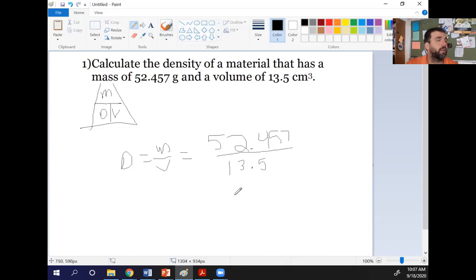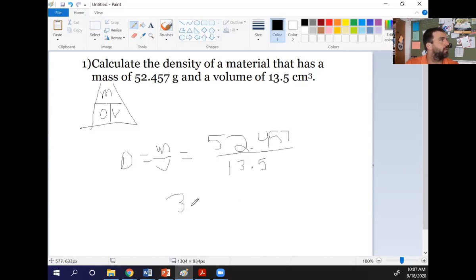How many significant figures do I need? 3, because remember, division is all the significant figures. So what's the answer? What's the calculator answer? It's 3.885 something, so that needs to round up.